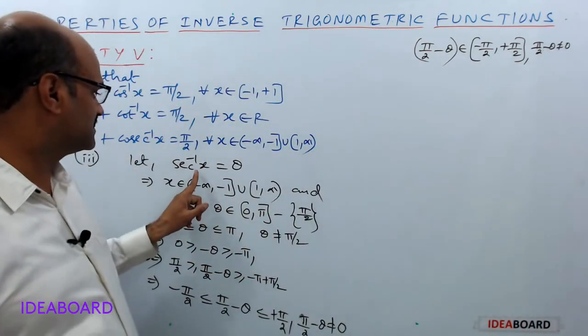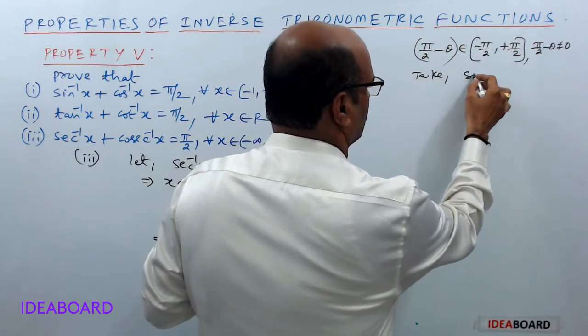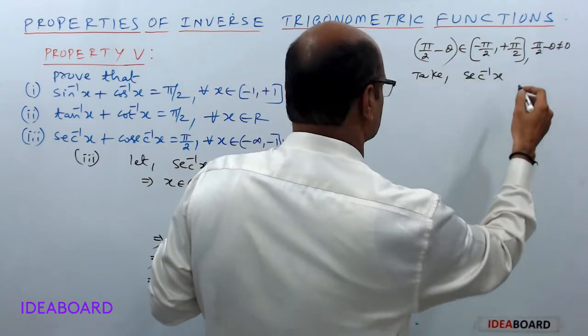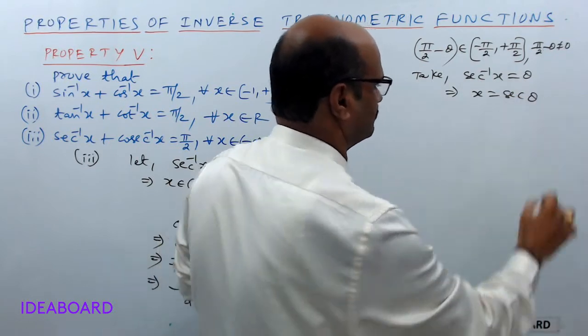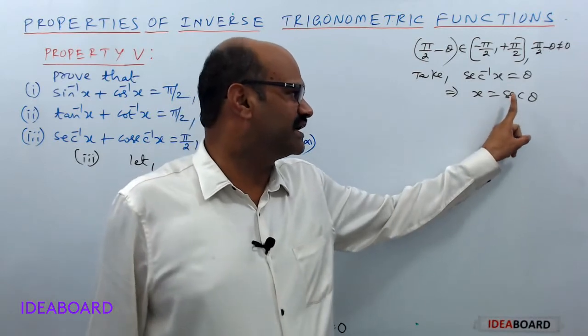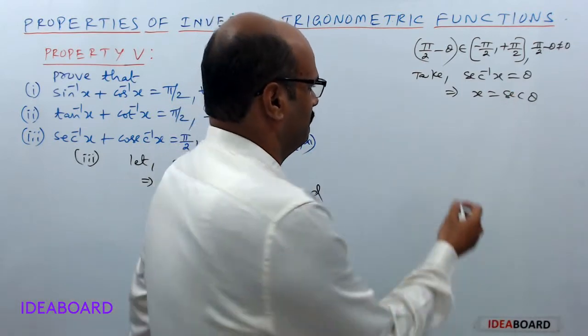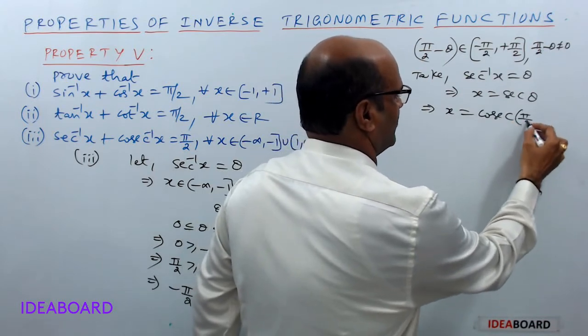Take secant inverse x equal to theta. It implies x equal to secant theta. We know that secant theta equal to cosecant of 90 minus theta. It implies x equal to cosecant of 90 minus theta.